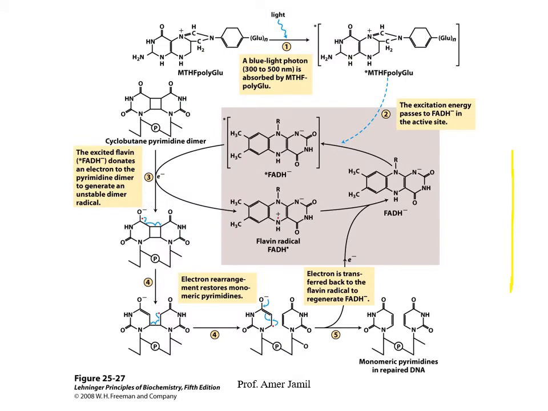This is an example of pyrimidine dimers. A pyrimidine dimer means that when two pyrimidines are side by side, for example two thymines, there is a covalent linkage between the two pyrimidines which are in the same strand side by side.